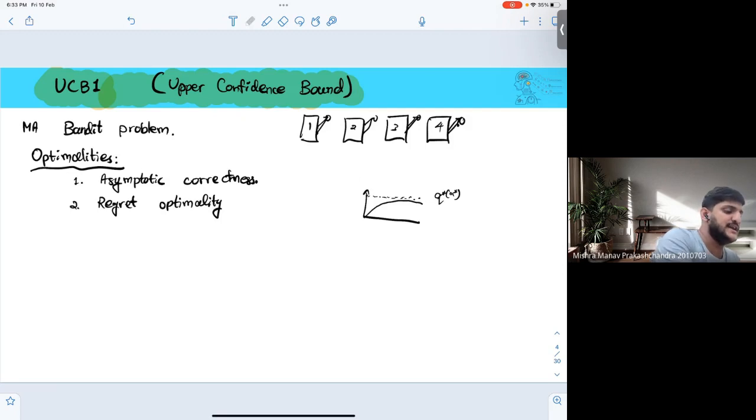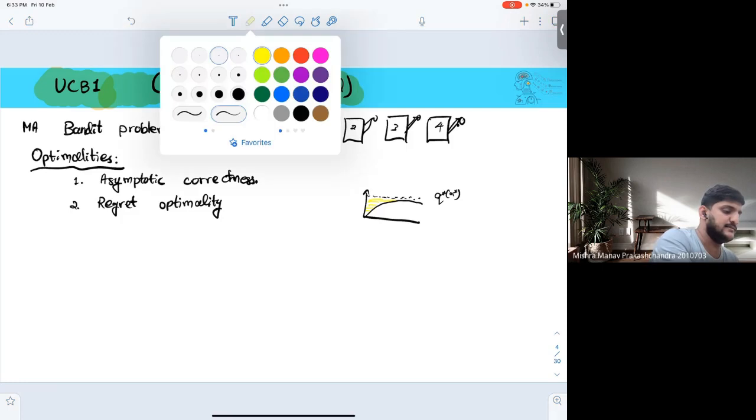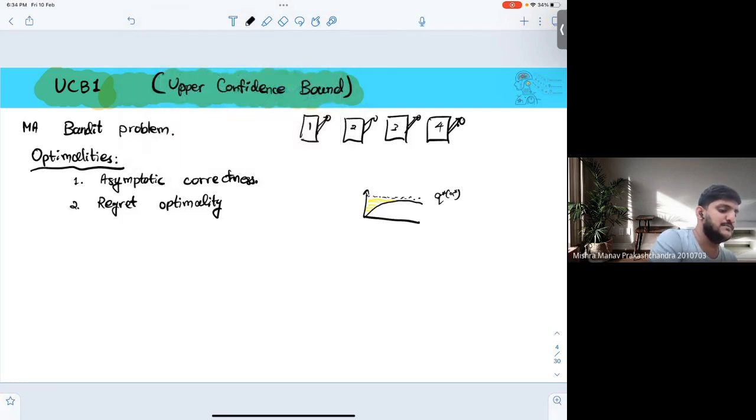The area that lies in between is my regret area. My goal is to minimize this regret. It can't go exactly to 0 because eventually you have to do some kind of exploration. But we want to put an upper bound on the maximum possible regret that each different algorithm can give us.